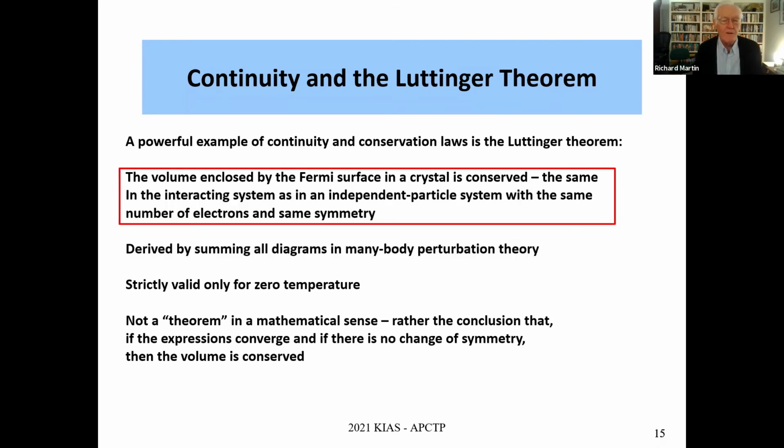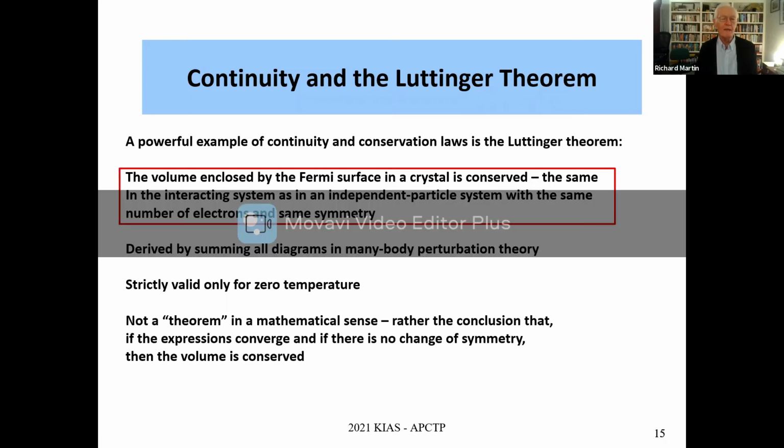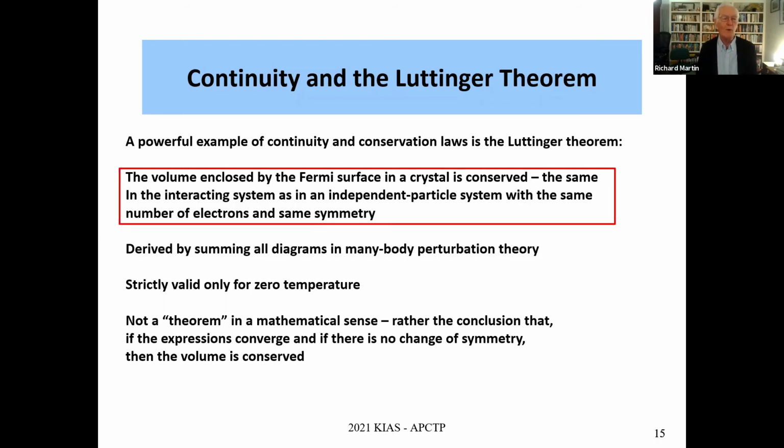If you're actually going to write it down, it's not so difficult, but you have to define a bunch of Green's functions and carefully label what's happening as temperature goes to zero. But we can appreciate the general properties and how important this can be.